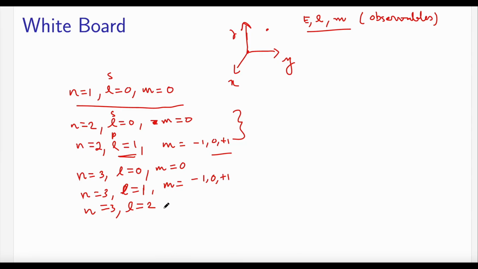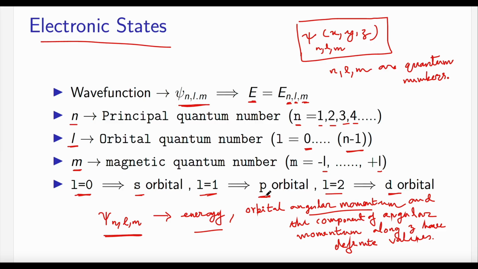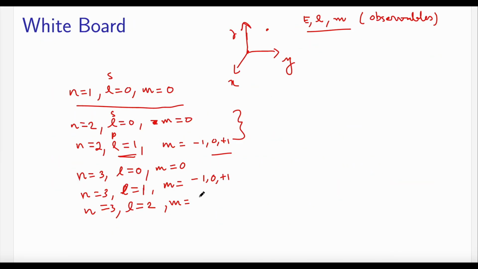And here for L is equal to 2, what are the possible values of m? You can see m ranges from minus L to plus L, that is minus 2 to plus 2. So here it will start with minus 2, then increase to minus 1, then it becomes 0, and then plus 1, and then it ends with plus 2.